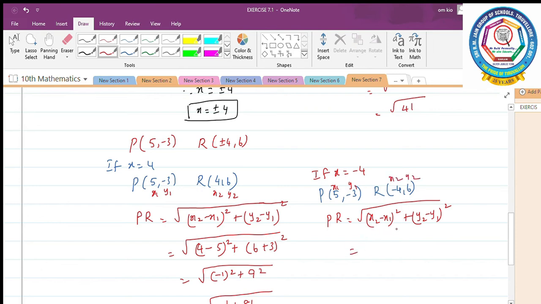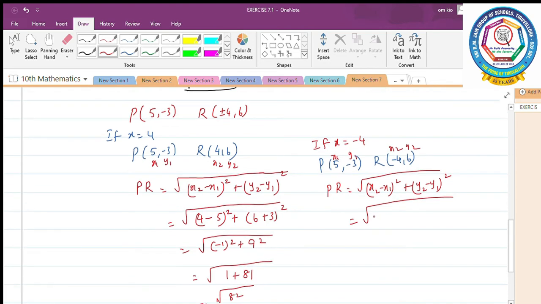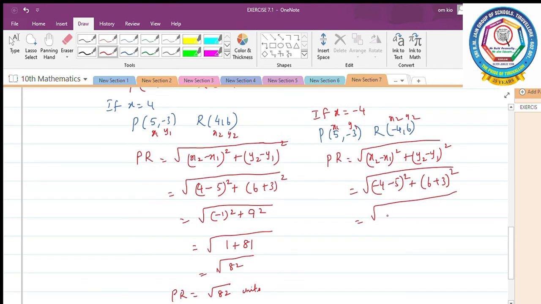This is equal to square root of x2 is minus 4 minus x1 is 5 the whole square, plus y2 is 6 minus y1 is minus 3, minus of minus is plus 3, the whole square, which is equal to square root of minus 4 minus 5, that is minus 9 square, plus 6 plus 3 is 9, here also 9 square. Then minus 9 the whole square is 81, plus minus 9 the whole square is also 81.